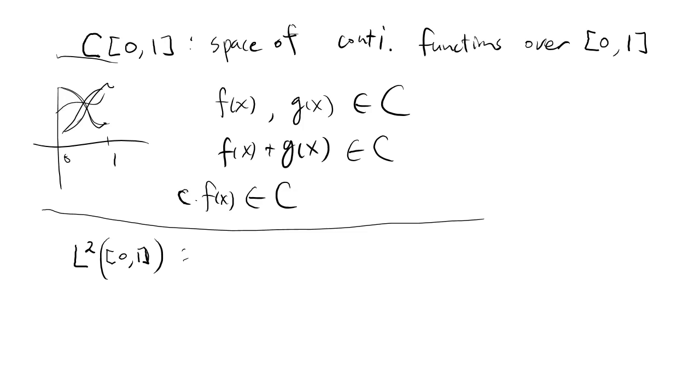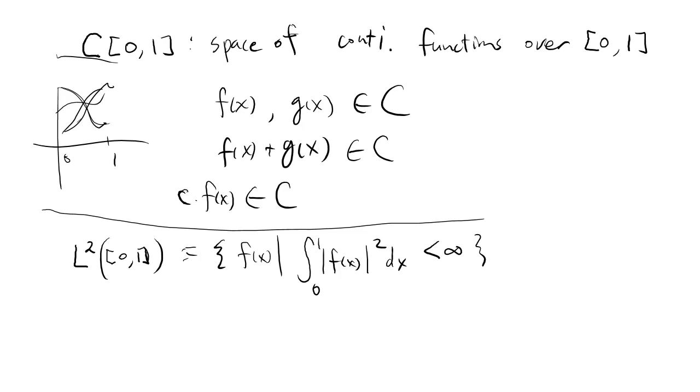Now this is a collection of functions. We collect all the functions that have the following property. If you take the absolute value of this function, you square it, and you integrate from 0 to 1, it has to be a finite value.